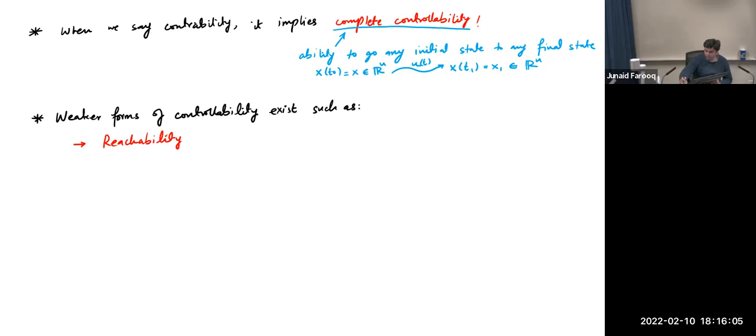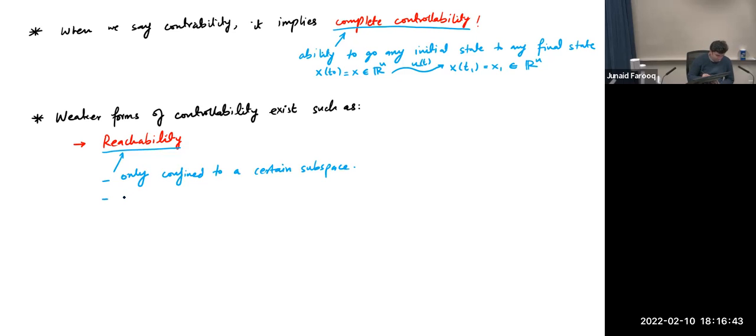What does that mean? It means that even though you're not able to steer the system from any initial state to any final state, you are confined to a certain subspace. That means there are some restrictions on where system states can be steered. So it's only confined to a certain subspace.